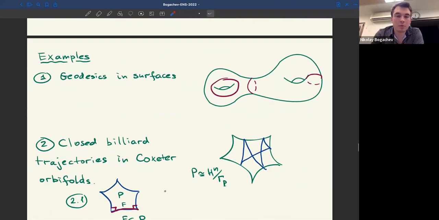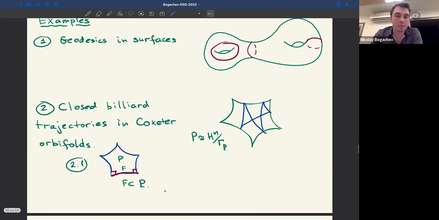Examples are, for example, geodesics in hyperbolic surfaces, or a number of examples can be extracted from Coxeter orbifolds. Coxeter orbifolds are reflective orbifolds, so we can consider lattices generated by reflections in facets of Coxeter polyhedra. These polyhedra should have dihedral angles of the form pi over some integer, like pi over 2, pi over 3, or so.